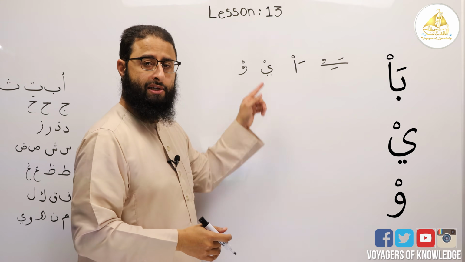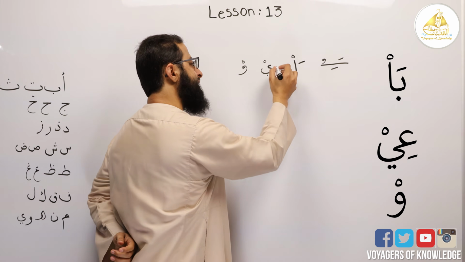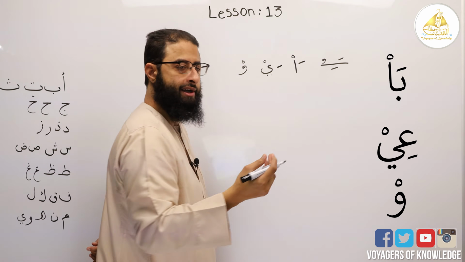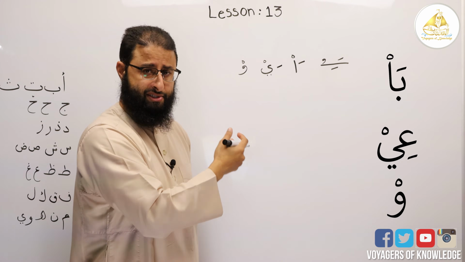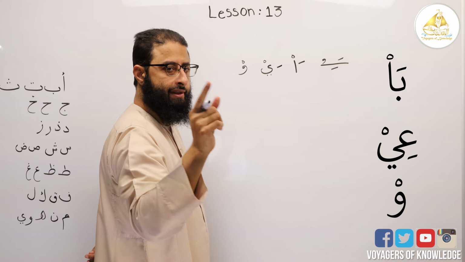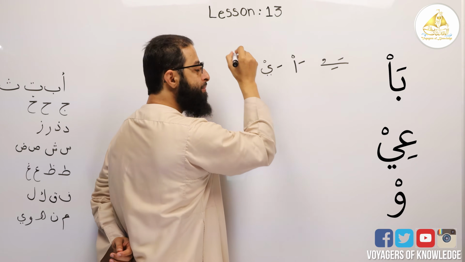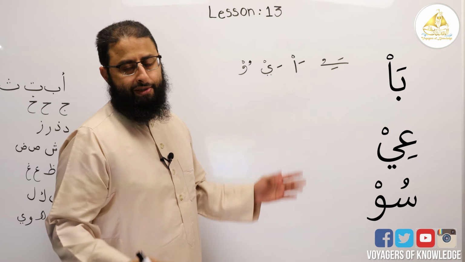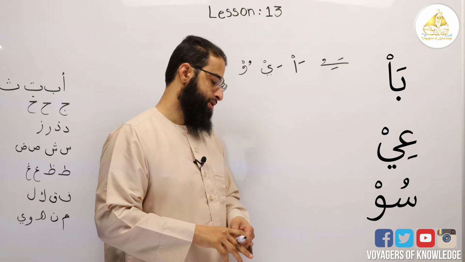The ya has sukoon. The letter before it will have a kasra, because the kasra is the haraka that sounds closest to the ya. And in today's lesson, we're going to learn that waw also needs to have sukoon, and the letter before it will take the final remaining haraka, which is the dhamma, and that's because it is the haraka that sounds closest to the waw.